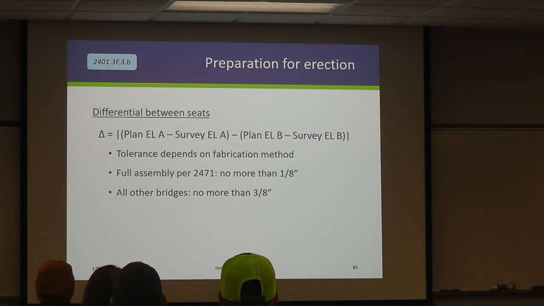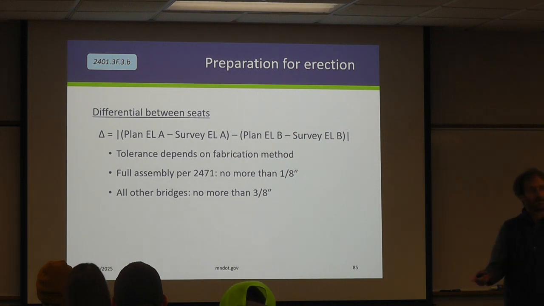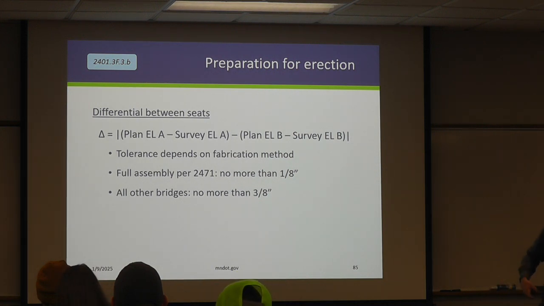This tolerance is going to depend on the fabrication method. So if you have full assembly, this differential can be no more than 1/8 of an inch. If you have line assembly, remember oversized holes, or pre-stressed girders, because they have oversized holes in their diaphragms, you get 3/8 of an inch. So not a ton of tolerance here, but certainly there is a difference, right?